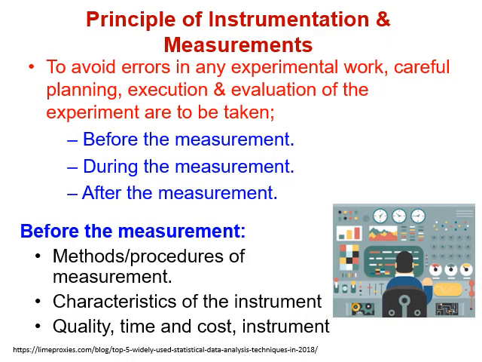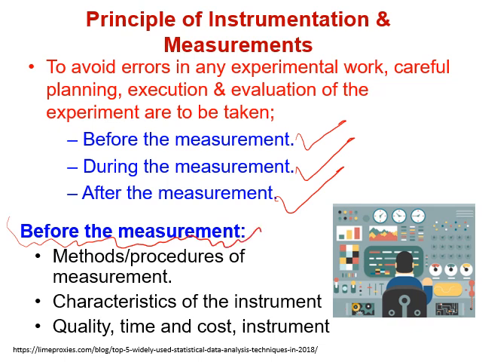To avoid or minimize error in the measurement during the experimental work, something must be taken care of before measurement, during measurement, and after measurement. What should we care about before measurement?